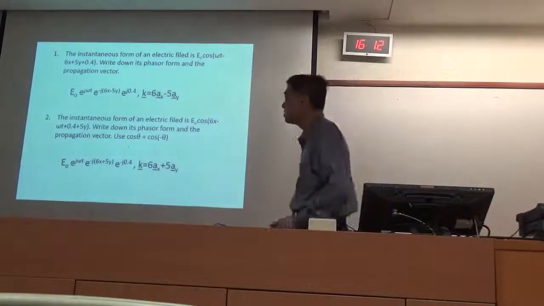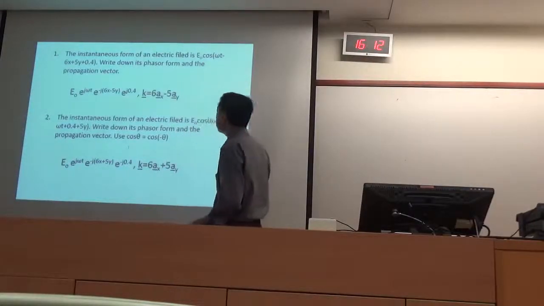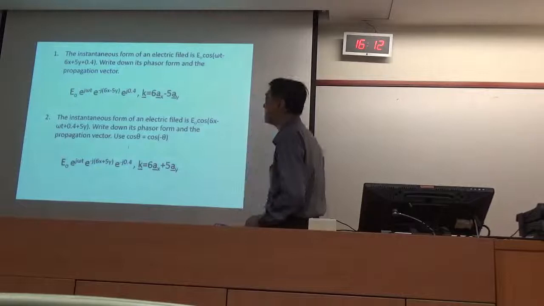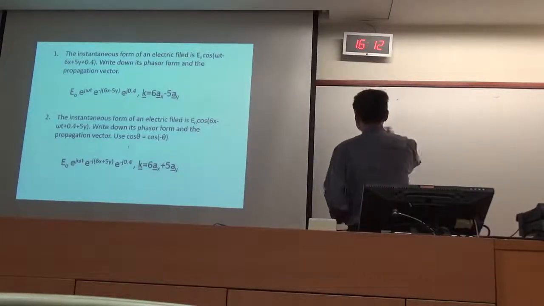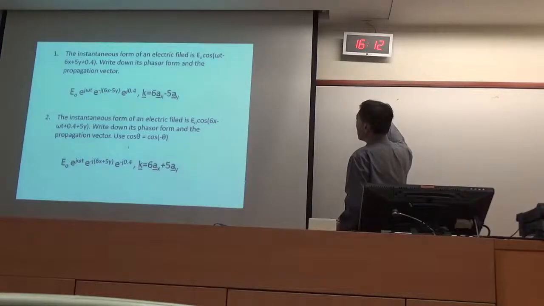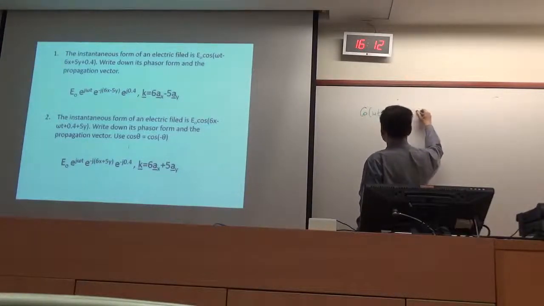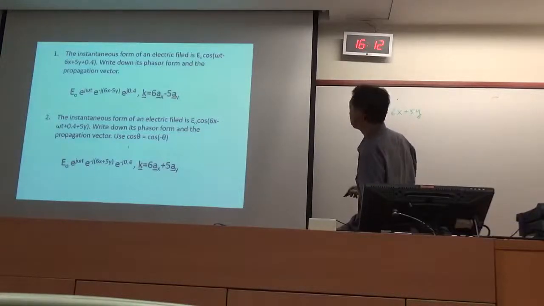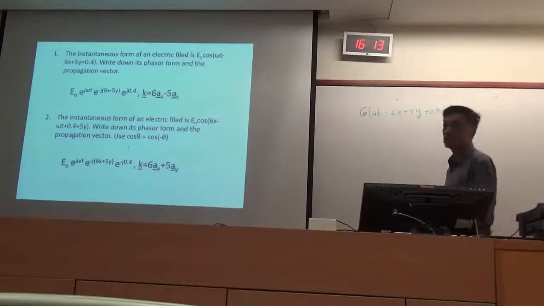Question 1. The instantaneous form of an electric field is E naught cosine(ωt - 6x + 5y + 0.4).